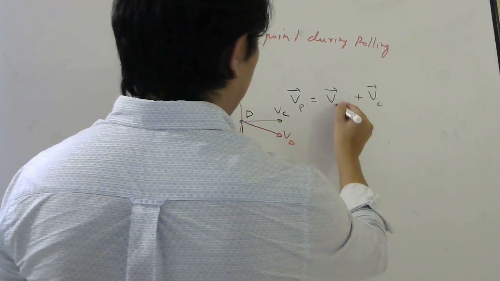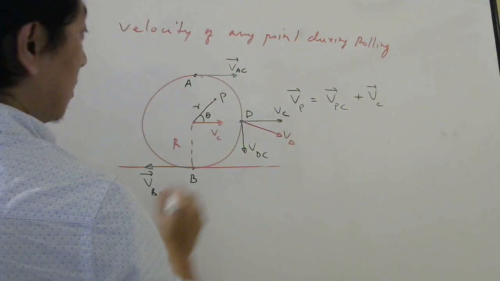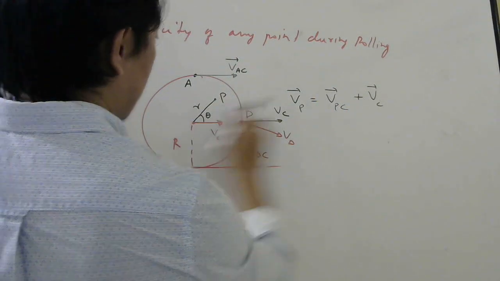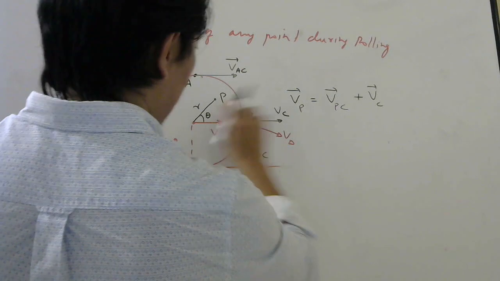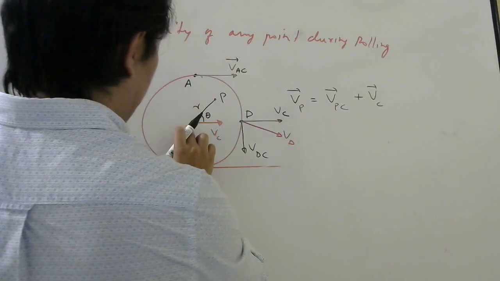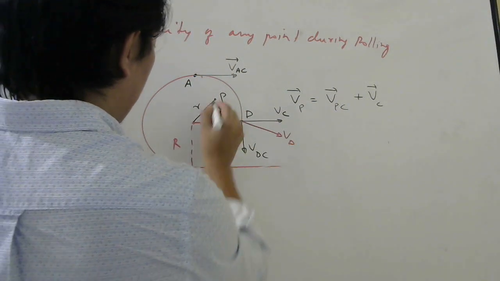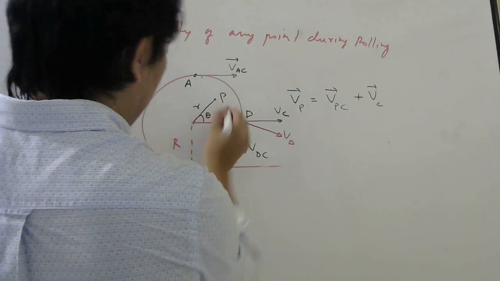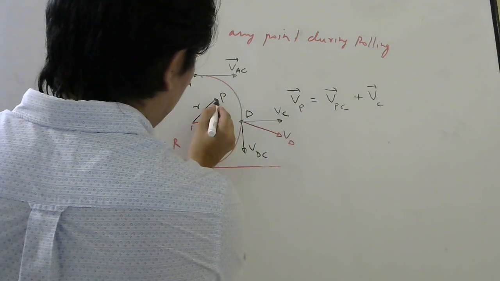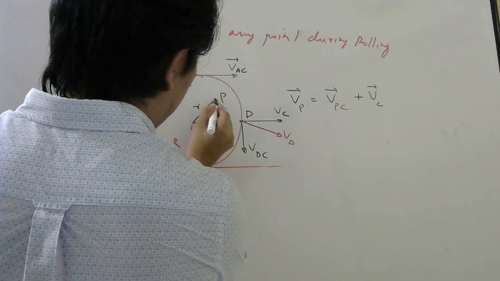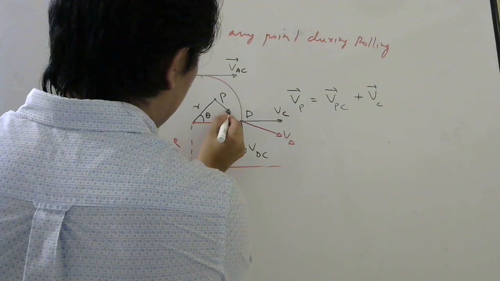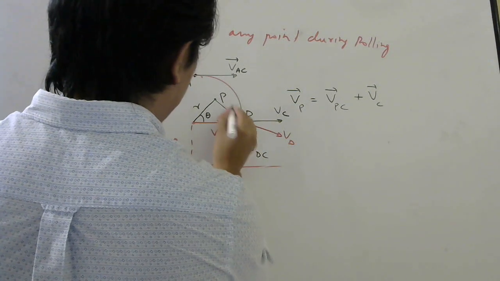Same technique: velocity of P with respect to center of mass. Now if you sit here, because you want the velocity of P with respect to center of mass, you have to sit here. If you sit here, every particle will go round. So this will go like this. So this velocity will be tangential, so it will be like this. Right? So this will be your VPC.